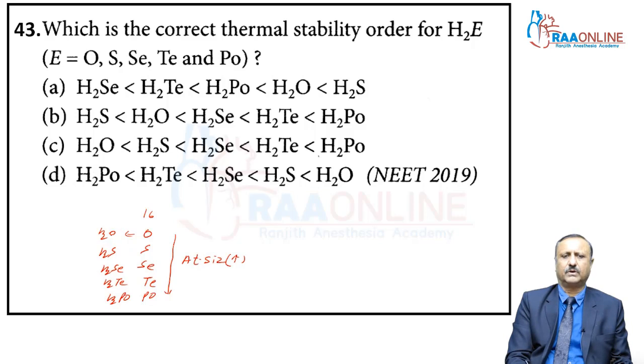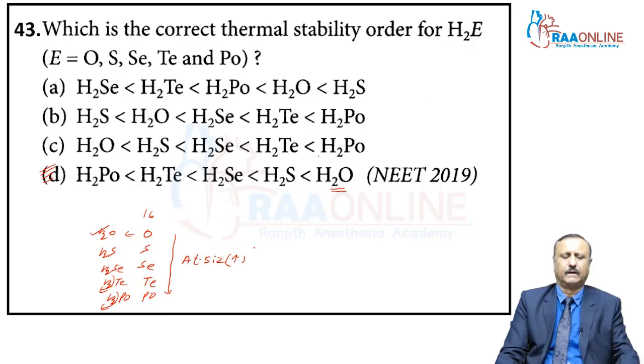When size is greater, bond distance is maximum, so this hydrogen is easily broken from these hydrides. So thermal stability of water is highest, and you can see the answer is D, because in D you get the highest thermal stability for H2O, then H2S, H2Se, H2Te, H2Po. And this question was also asked in NEET 2019.